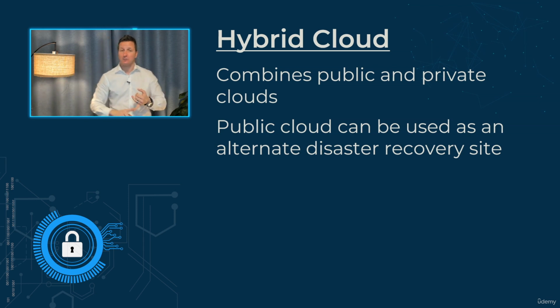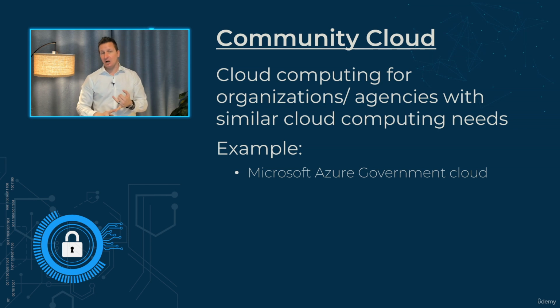And the final cloud deployment model is a community cloud. This is a specialized type of cloud that really services customers that have very specific, similar requirements. So imagine that US government agencies have very strict security requirements on how they use cloud computing, and they do. So therefore, we would need a special community cloud to service those US government agencies.